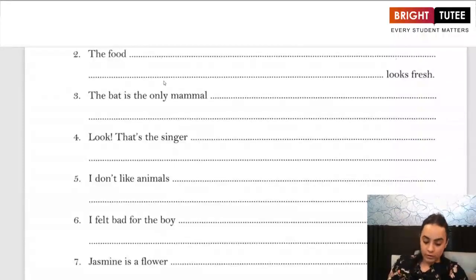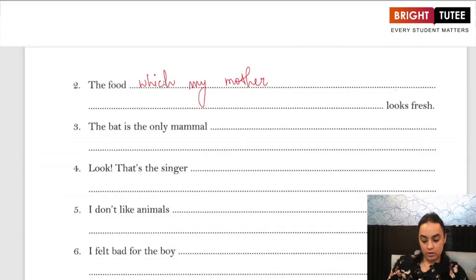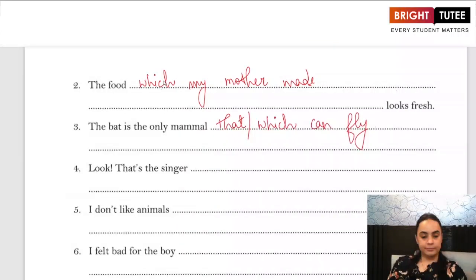The food which my mother made looks fresh. The bat is the only mammal that or which can fly.